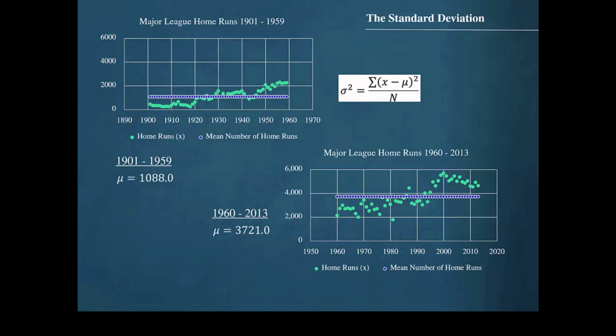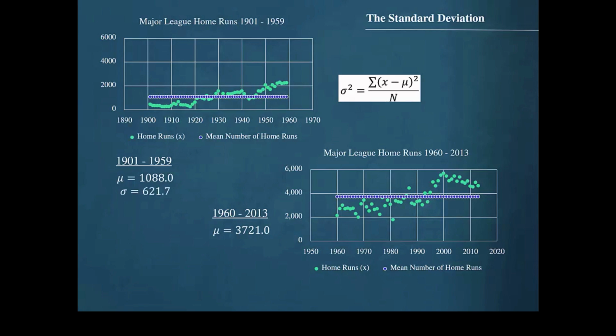So the larger these differences between the mean and the individual data values, the larger the variance, and therefore the larger the standard deviation. Due to the greater variation between each data value and the mean, we would expect the standard deviation for the 1960 to 2013 seasons to be greater than that for the 1901 to 1959 seasons.